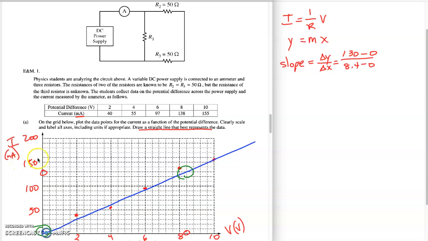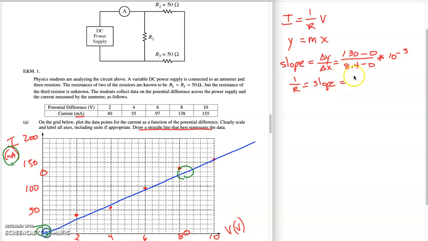And you also have to keep in mind that the y-axis is in milliamps. So we're going to have to multiply by 10 to the minus third to account for the fact that the y-axis is in milliamps. If it were the x-axis in milliamps, then we'd be dividing by 10 to the minus third. So 1 over R equals slope equals, let's see here, what did I get here?